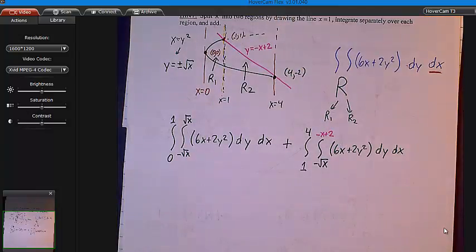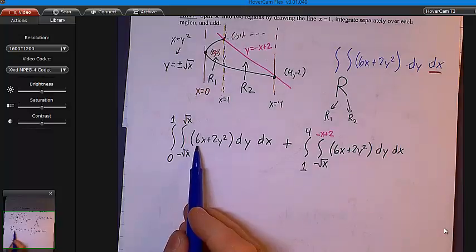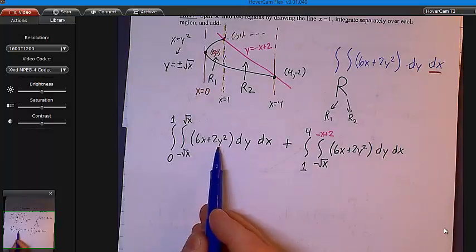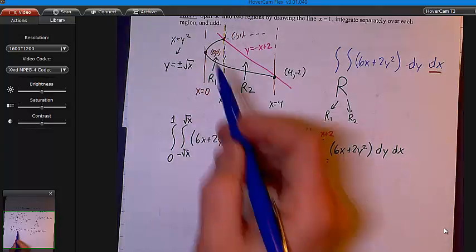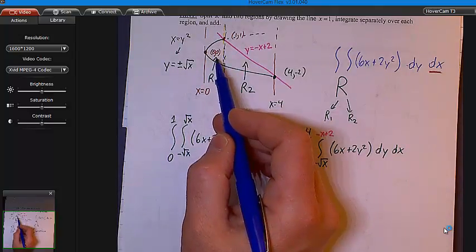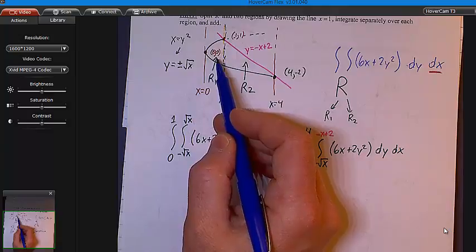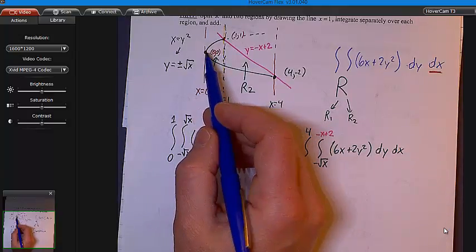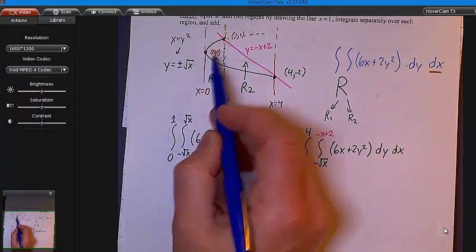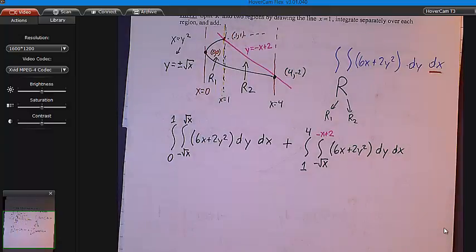Right. I don't know how that works for this. I guess the issue is 6x plus 2y squared. Will that behave the same here and here? I think it will, because the x values match up and the y's being squared. I think you're okay to do that.